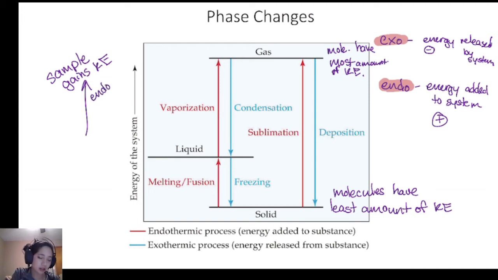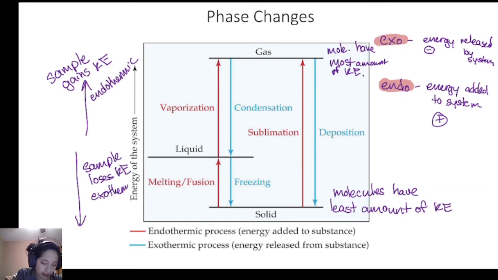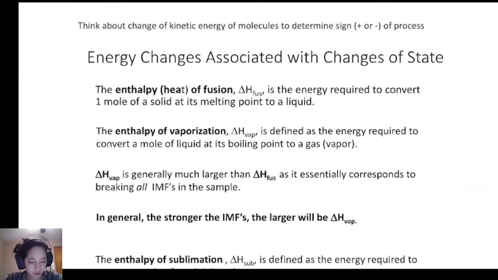All of the up arrows are endothermic, while these down arrows, the sample loses kinetic energy, so these are exothermic processes. That extra kinetic energy has to go somewhere, and it usually leaves the system and enters the surroundings. So think about the change of kinetic energy to determine the sign of the process.